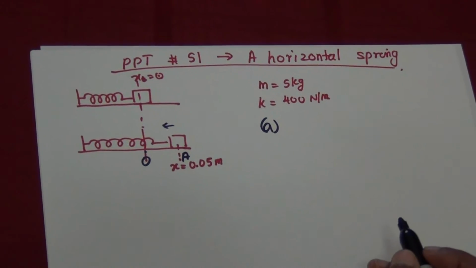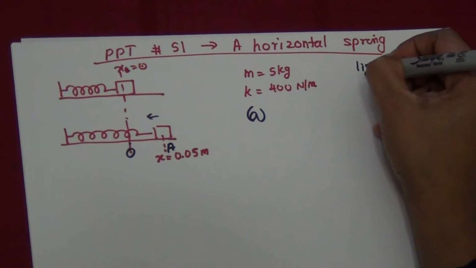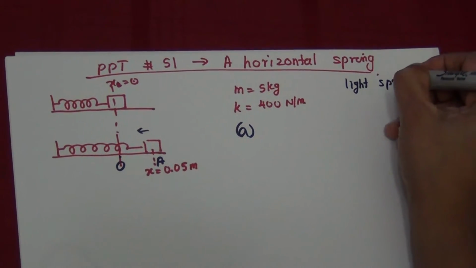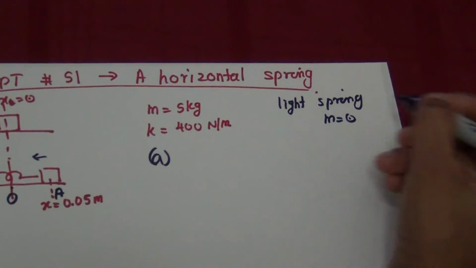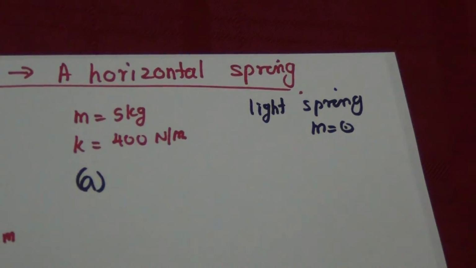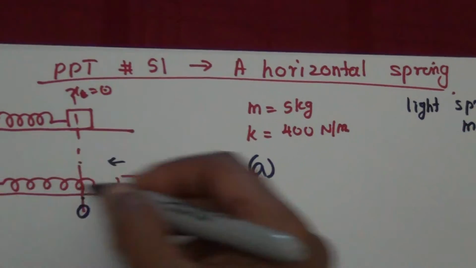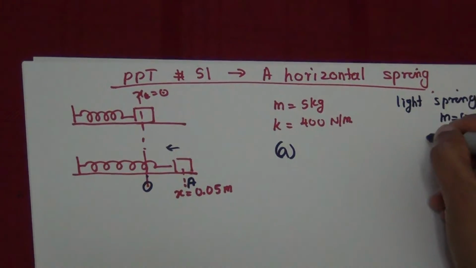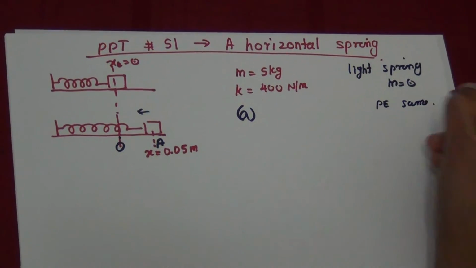Here the thing we need to remember is that the spring we always use is a light spring, so its mass is 0. In this particular problem it's a horizontal spring, so the gravitational potential energy is the same all the time, no change.